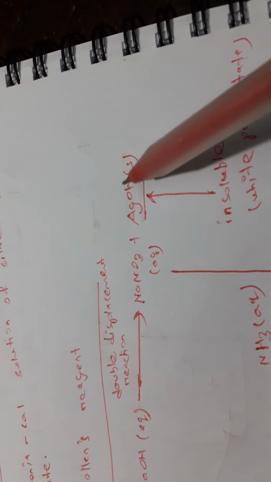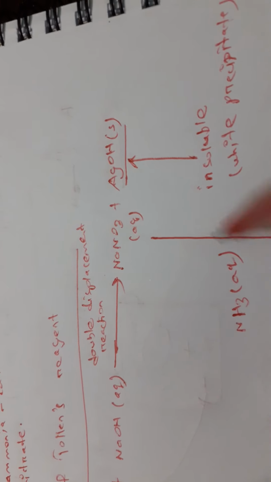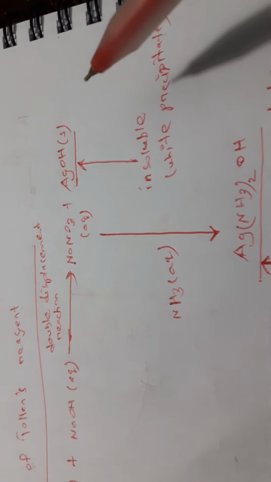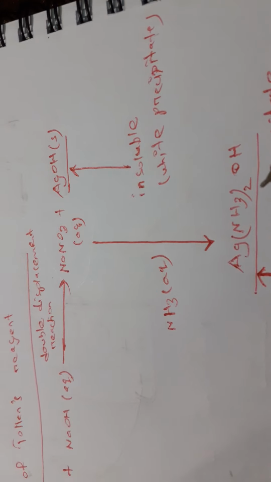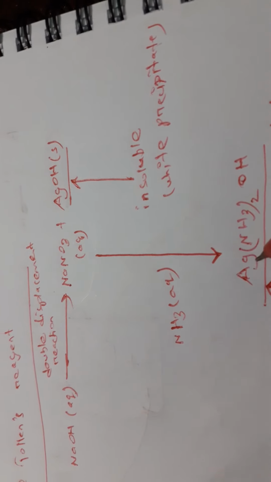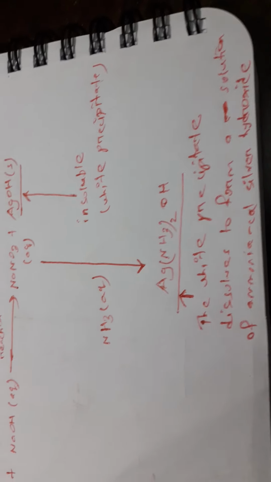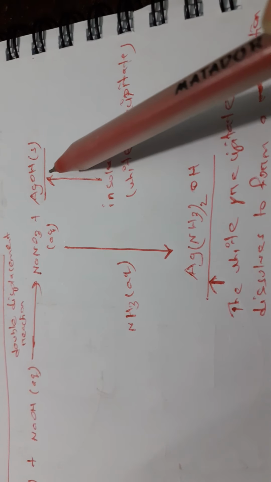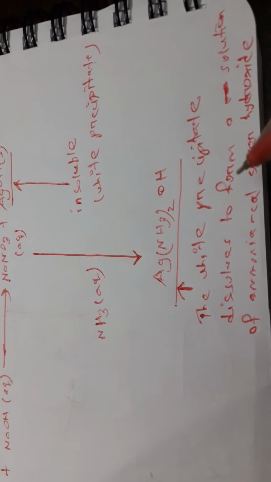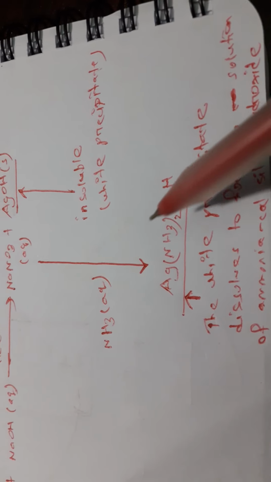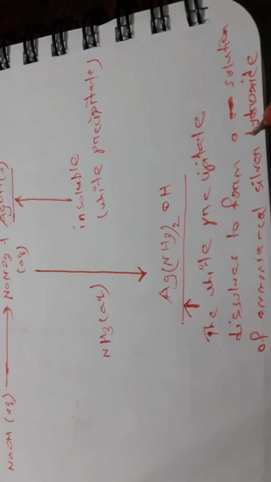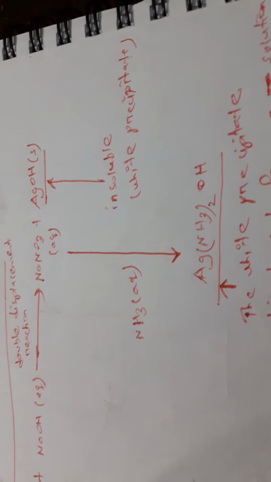Now, after we add aqueous ammonia to this mixture, we are going to get a complex compound, which is the ammoniacal solution of silver hydroxide. And here, the white precipitate of silver hydroxide will dissolve to form a solution of this compound, which is called the ammoniacal silver hydroxide.